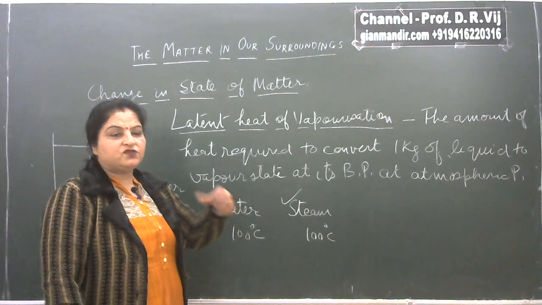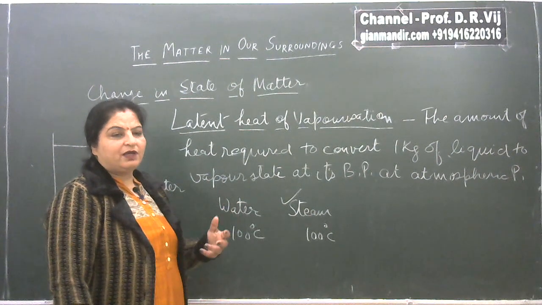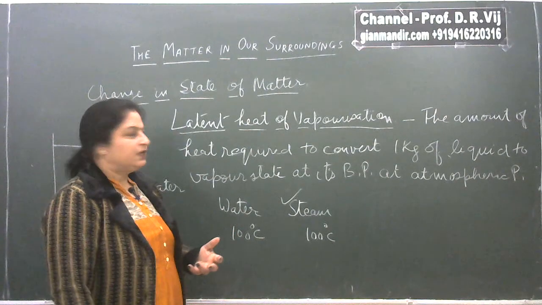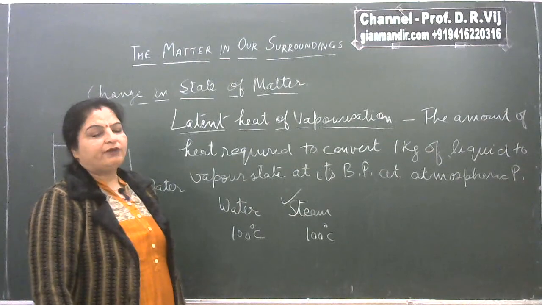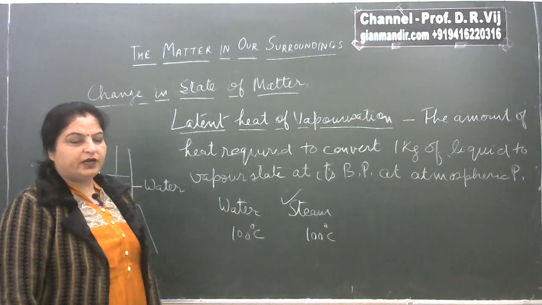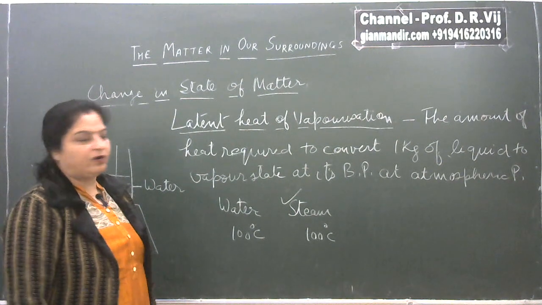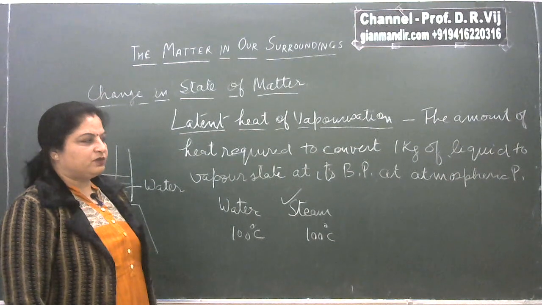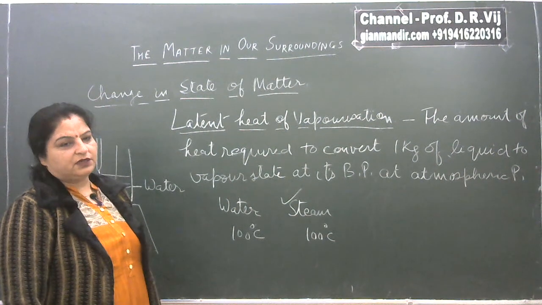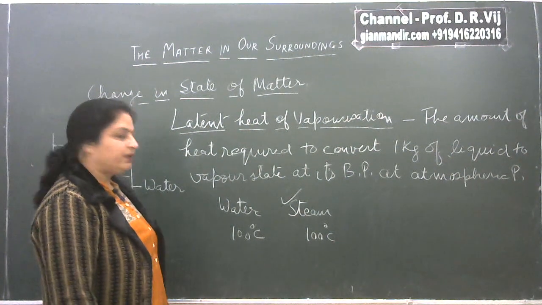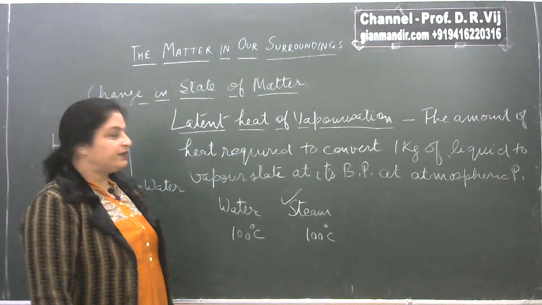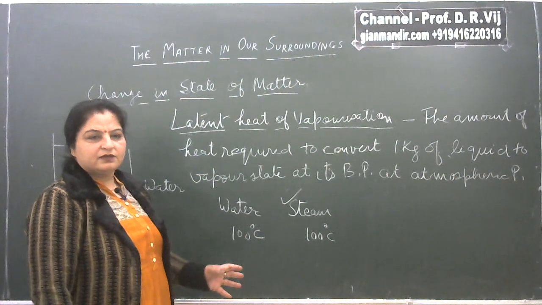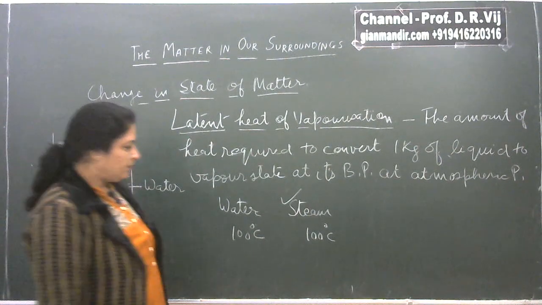Reason? Because steam gives more heat energy to our body in the form of latent heat of vaporization. It contains more energy, so it gives more energy to our body, and that's why it gives you a severe heating effect or burns as compared to water at 100 degrees Celsius, although the temperatures of the two are the same, right?